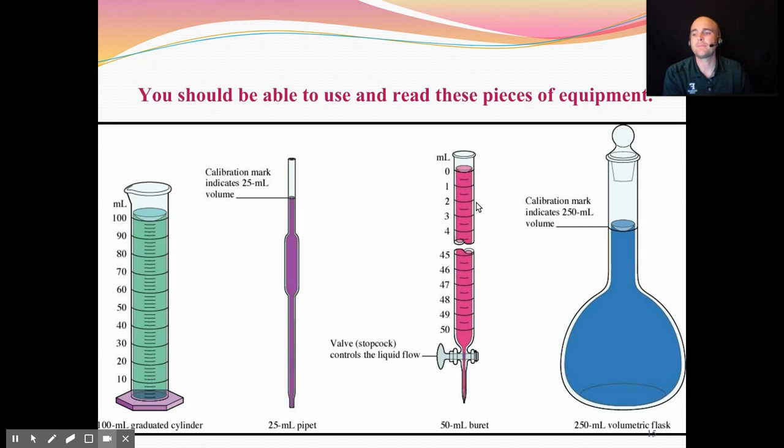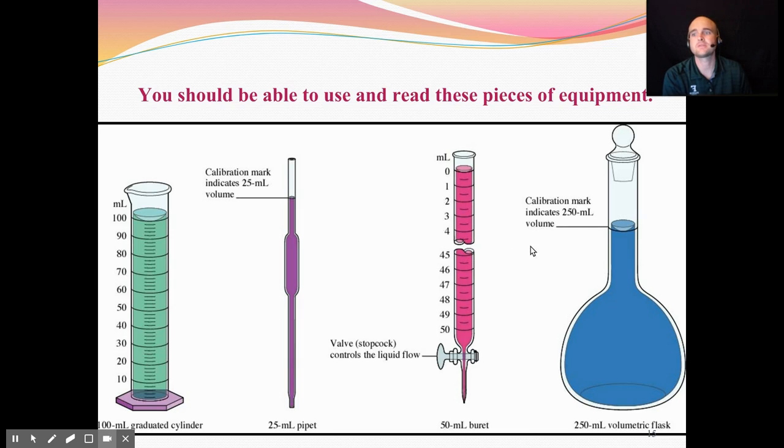There's a 50 milliliter burette. Notice that this little break right here means that this is actually much taller than it looks. This is the most accurate and most precise piece of glassware you will ever see, most likely, because these burettes are expensive and very, very nice.